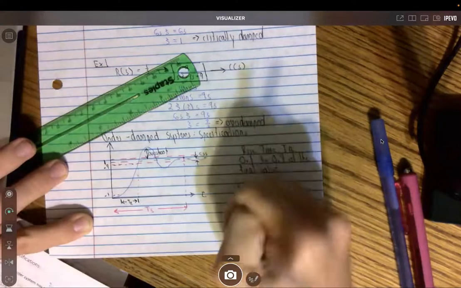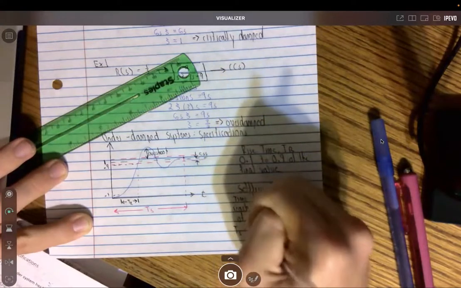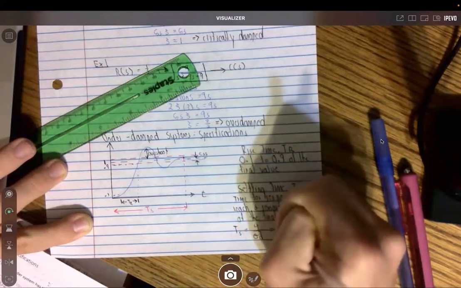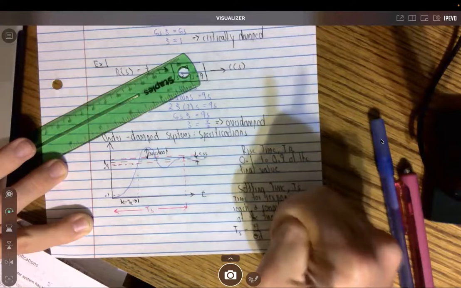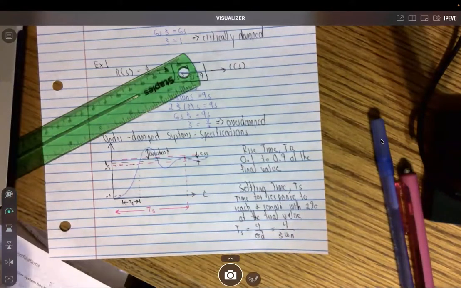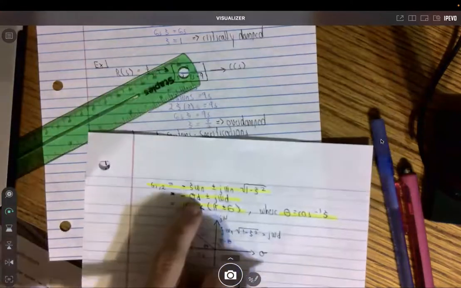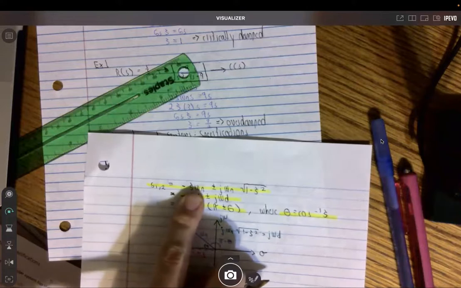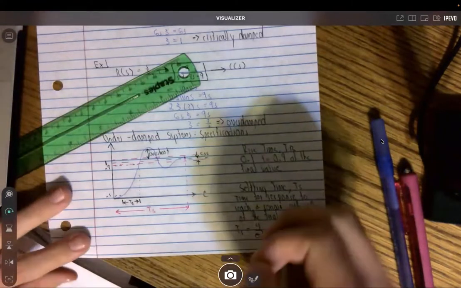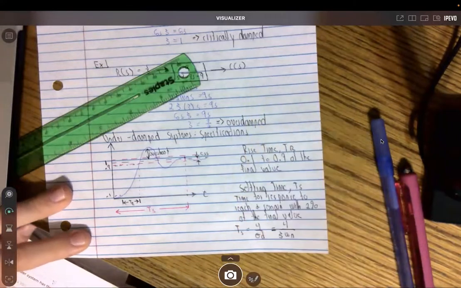And there is an equation for the settling time, which is equal to 4 over sigma d, which is equal to 4 all over zeta omega n. And so that's what you're going to notice specifically. Remember, sigma d is zeta omega n. That's how much is on your real axis, so you know. So know this formula, make sure you have it.